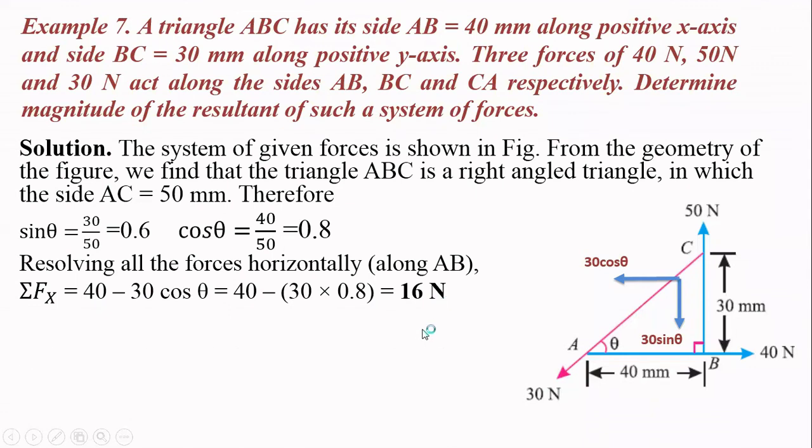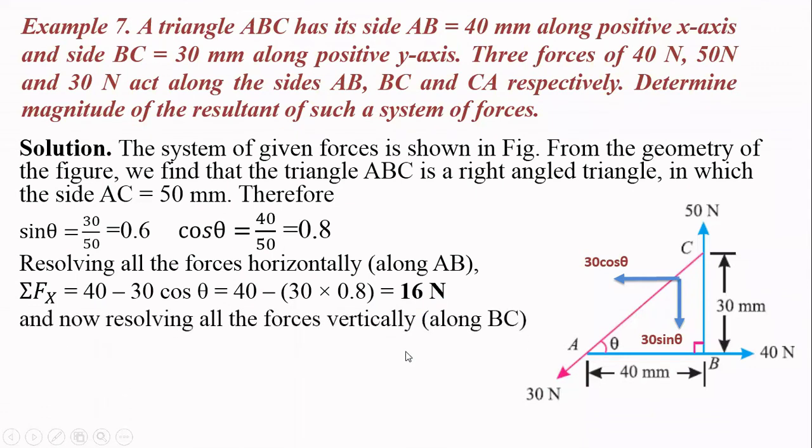Similarly for the vertical forces along BC, this 50 Newton force is going vertically upward, that's why positive, and this resolved component 30 sine theta is going vertically downward, that's why we are taking it as negative. So 50 minus 30 sine theta, and sine theta we have already calculated as 0.6.